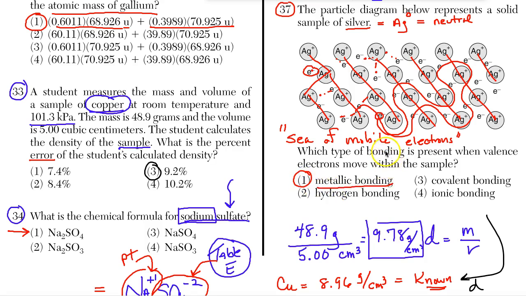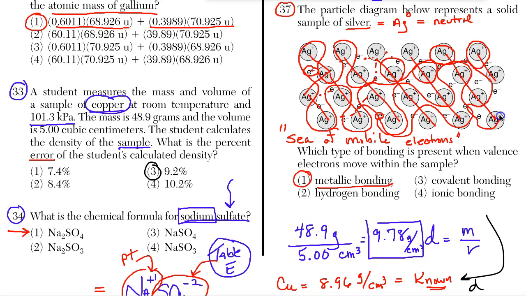That's how solid transitional elements, or metals that are not transitional, love to bond with each other. They have these loosely held electrons, and every positive core of silver ions can basically attract everyone else's electrons. All these ions that have the core electrons are attracted to everyone else's moving mobile electrons.